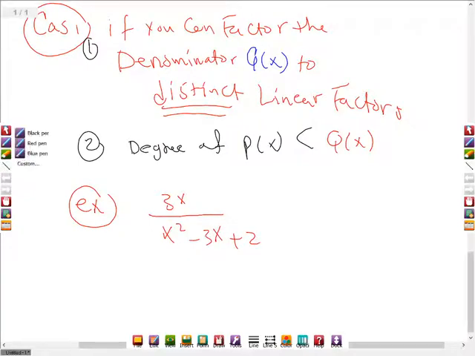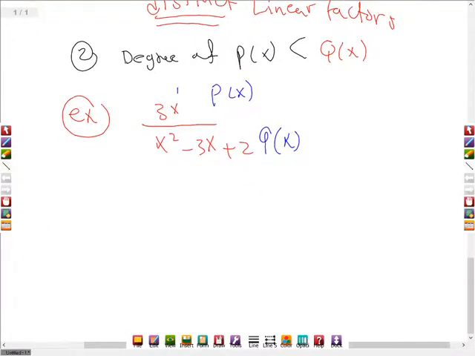P of x is here and Q of x is here. The degree in the top is 1, the degree in the bottom is 2, so we can deal with this case. Let us break this down.